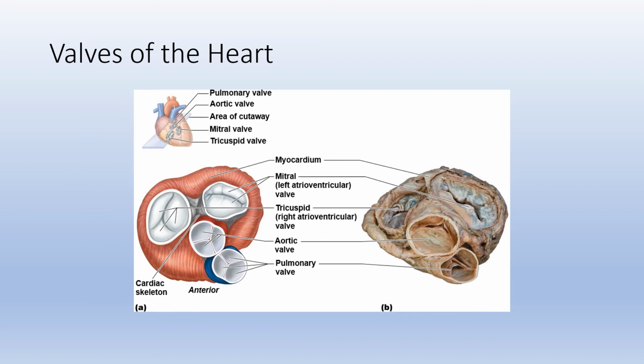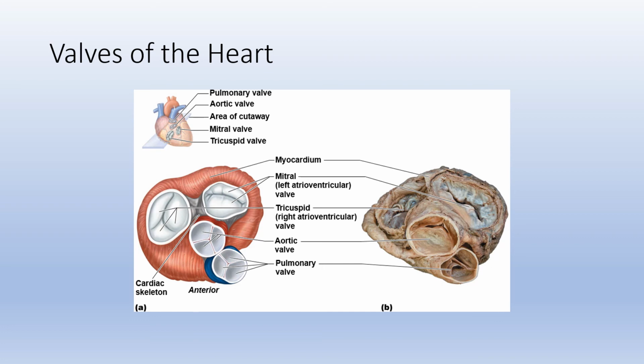In this image here, we are looking at a superior view of the heart to get a better look at the 4 valves. So again, take a moment to identify the mitral valve, also known as the bicuspid valve, the tricuspid valve, the aortic semilunar valve, and the pulmonary semilunar valve.